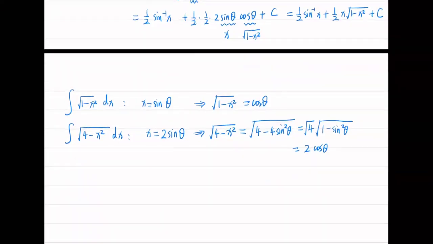Okay, now a general case. If a is a positive number, we want to integrate the square root of a squared minus x squared dx. What substitution should we pick? Sophia, what would you pick?